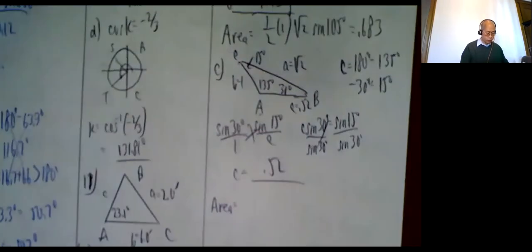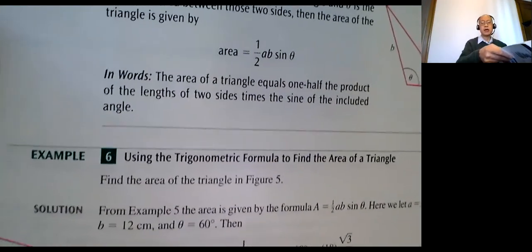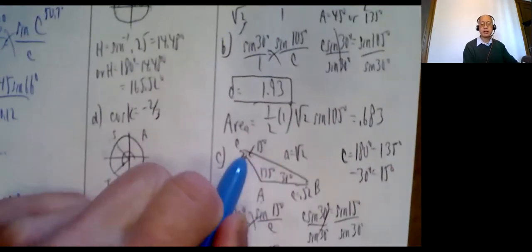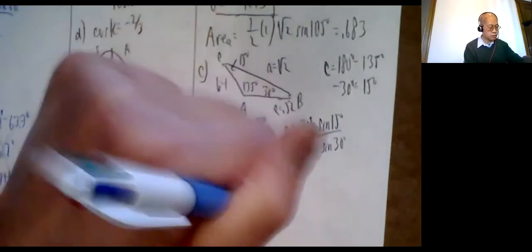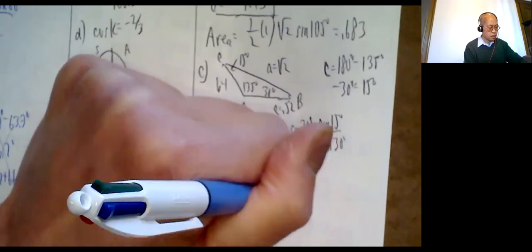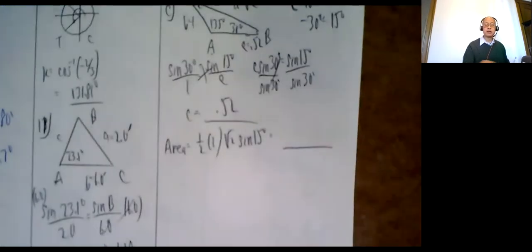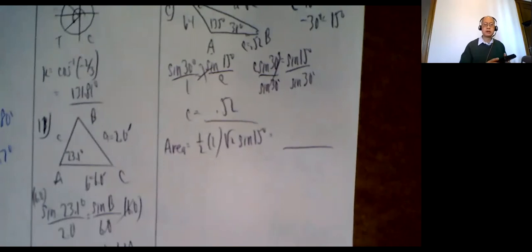And using the area formula again, same one. 1/2 AB sine theta. Why don't I just do the same thing? 1/2 of that times that, sine 15. 1/2 of 1, I like 1. Radical 2, sine 15 degrees, whatever that is.